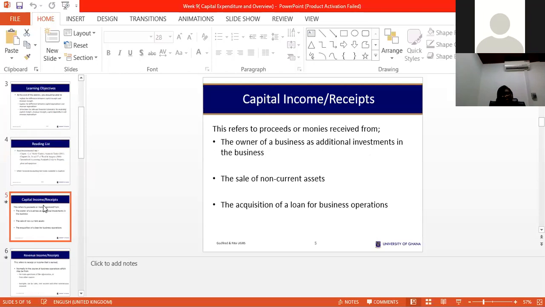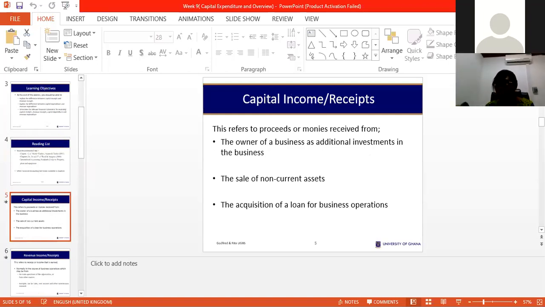So we'll start with the capital income or receipts. Now, capital receipts refer to all monies received from additional investments by the owner.